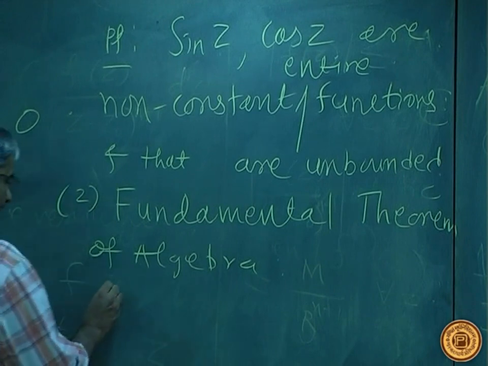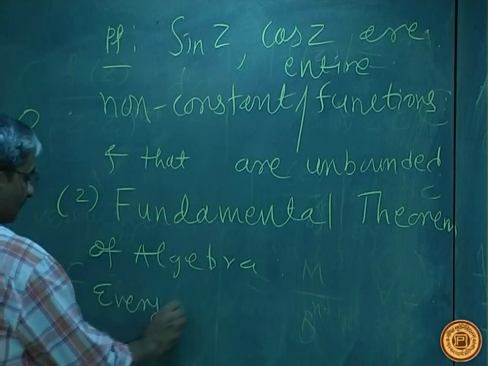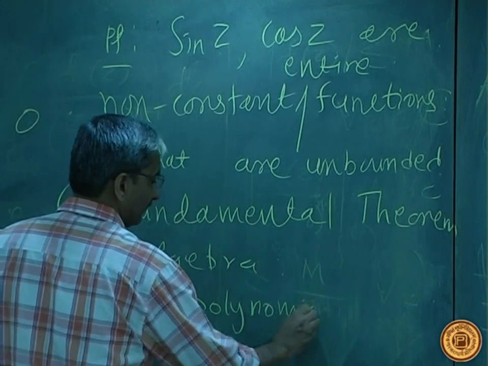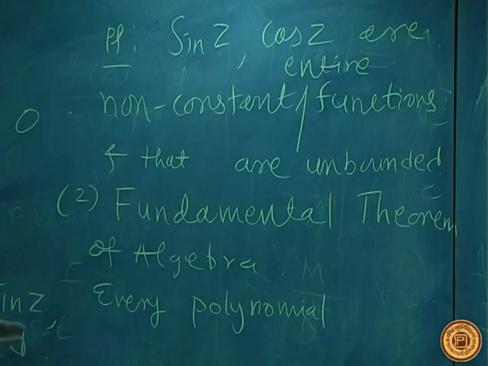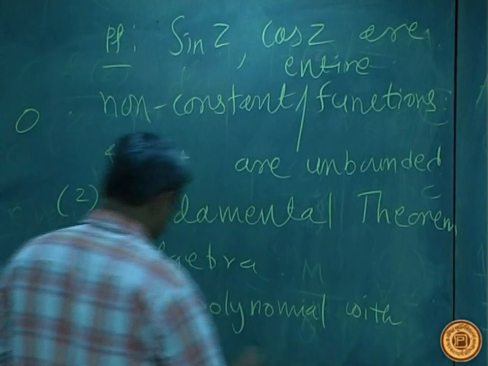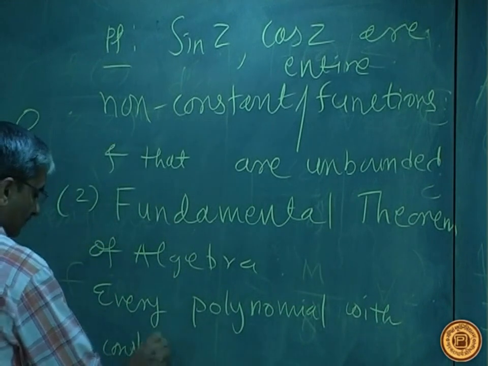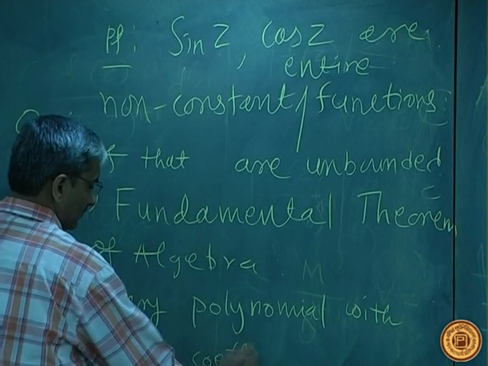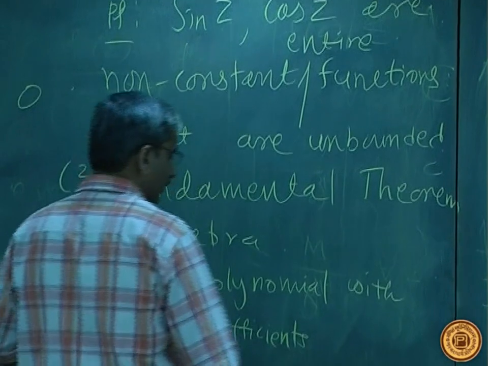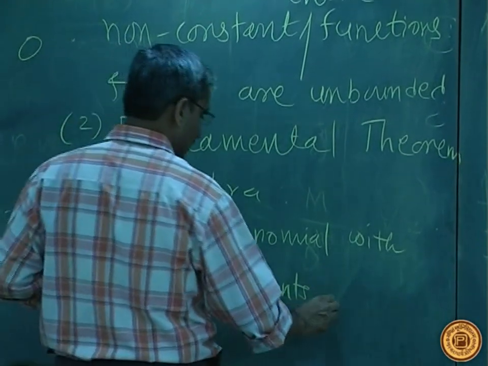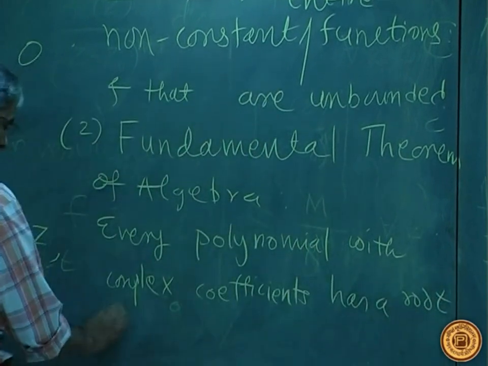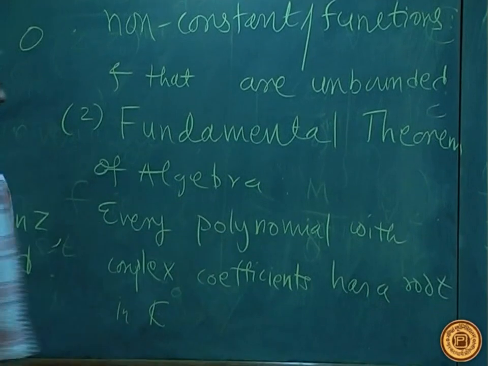Every polynomial with complex coefficients, of course a non-constant polynomial with complex coefficients, has a root in C. You have to take degree bigger than or equal to 1.